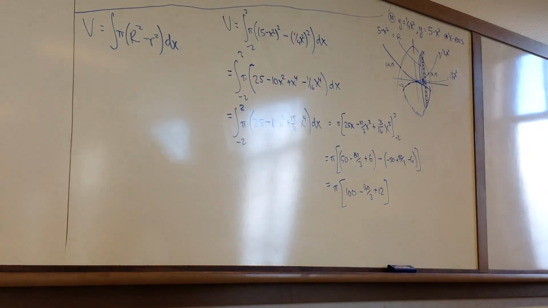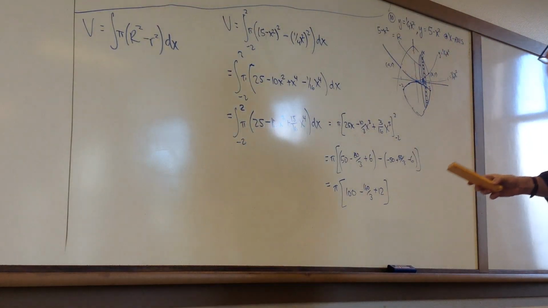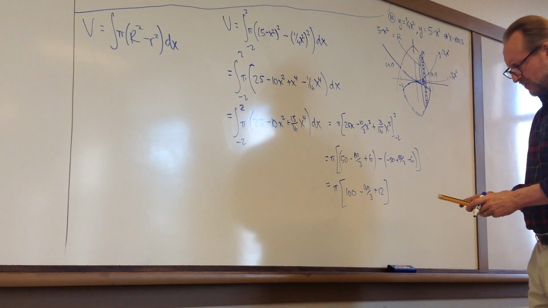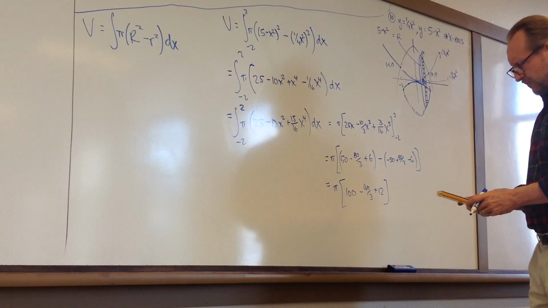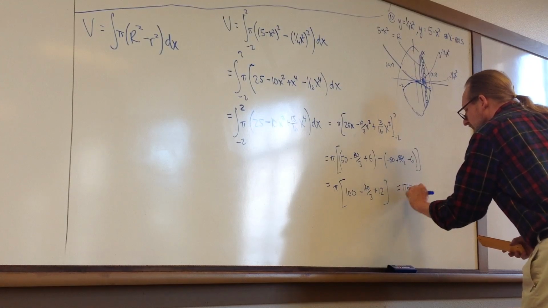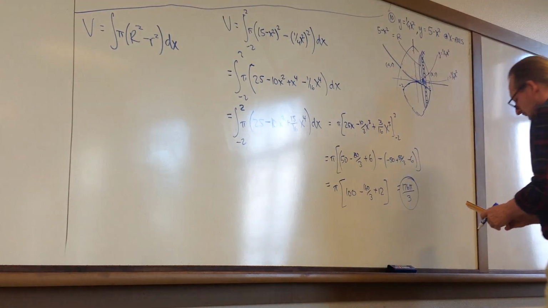So let's take the calculator out here, see what we get. 100 minus 160 over 3 plus 12. So this is 176 pi over 3.